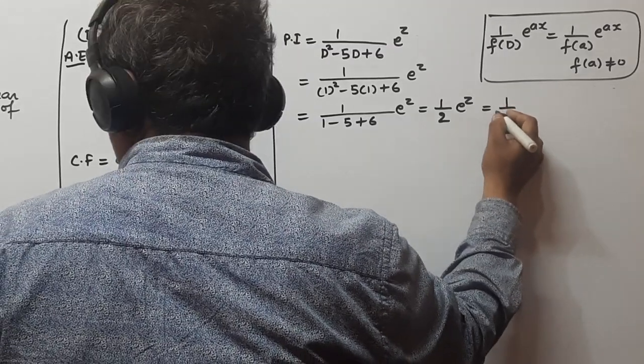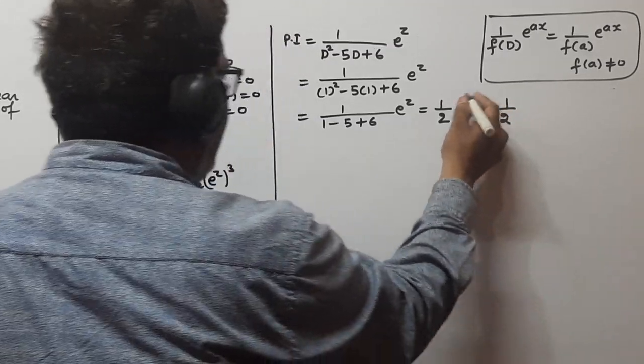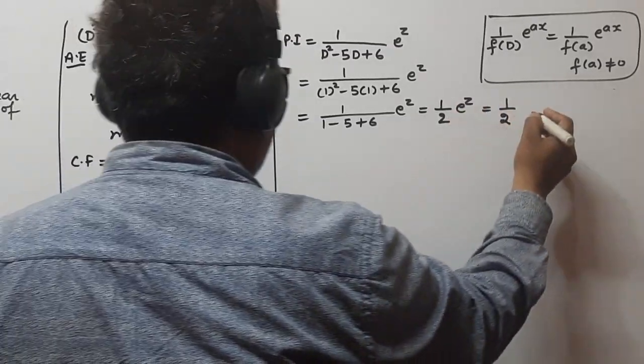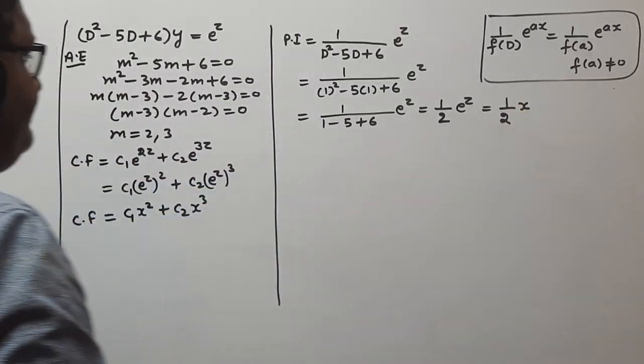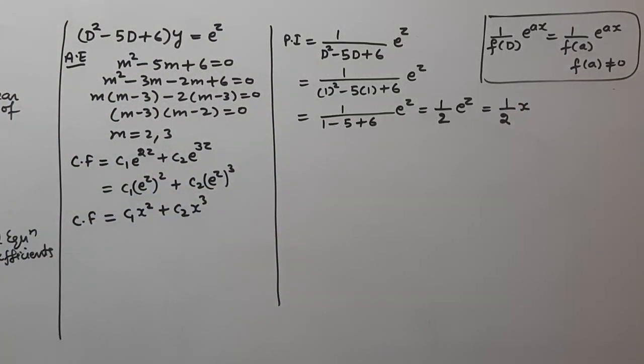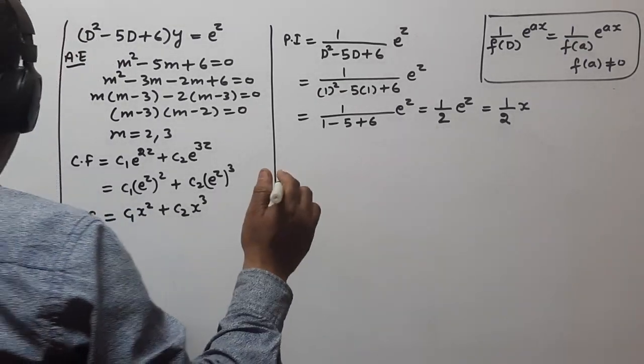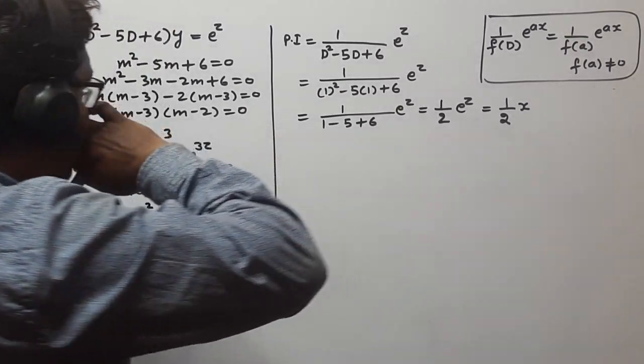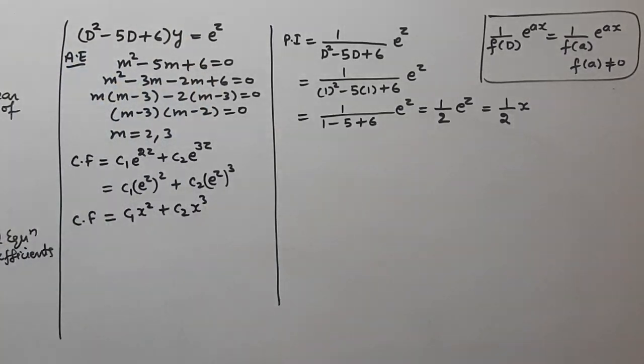Now this e to the power z can be converted into x, because we replace e to the power z in place of x. Now we find the general solution of the given homogeneous linear differential equation.